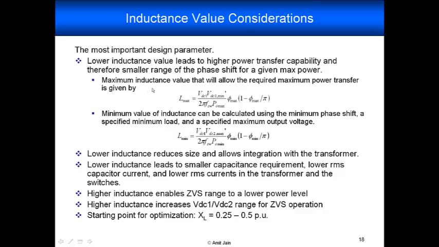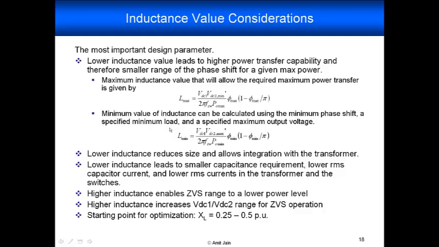If you keep increasing the inductance, then you'll finally not be able to transfer enough power through the converter. So there's a maximum value of inductance for given values of input, output, and the maximum power transfer you want to have in the converter.